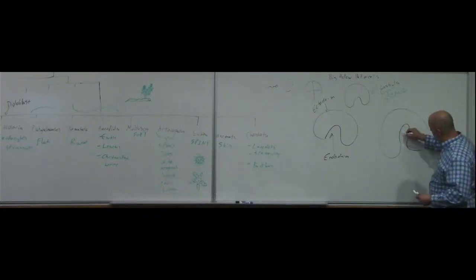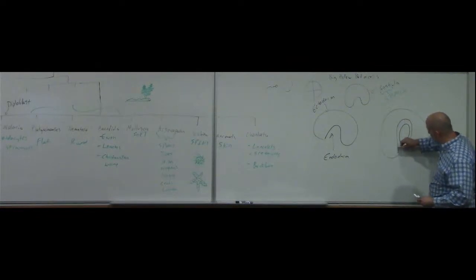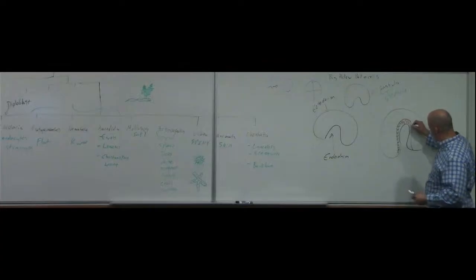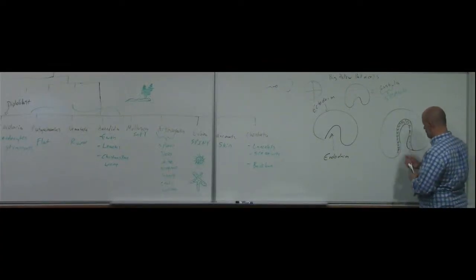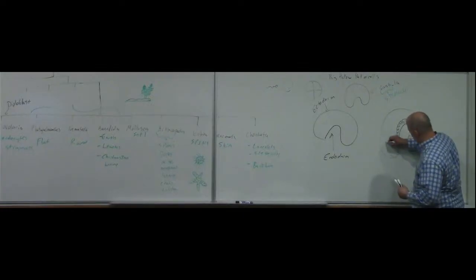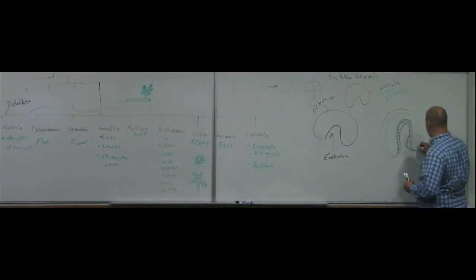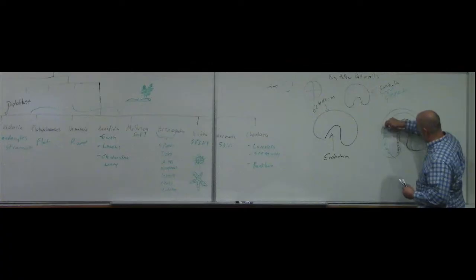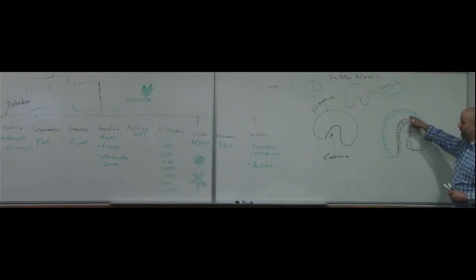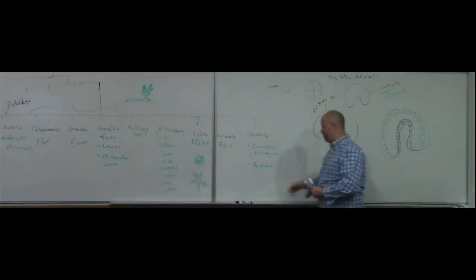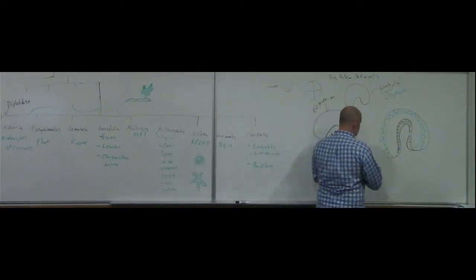This is going to form, right here, all of my endoderm, right? This out here is all going to form my ectoderm. And now in between, I'm going to form another layer of tissue called mesoderm.